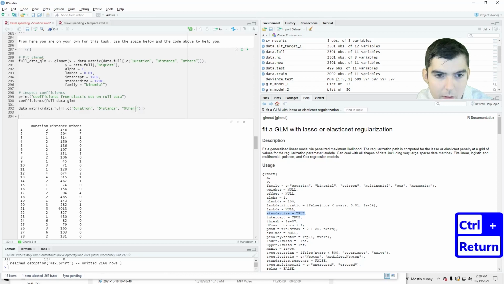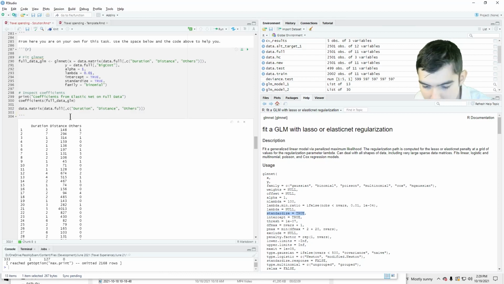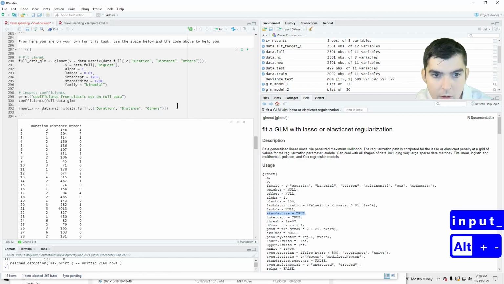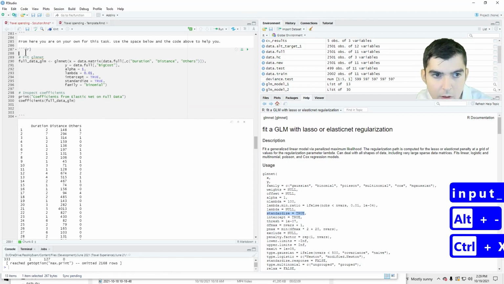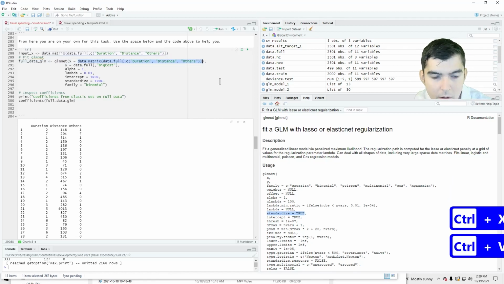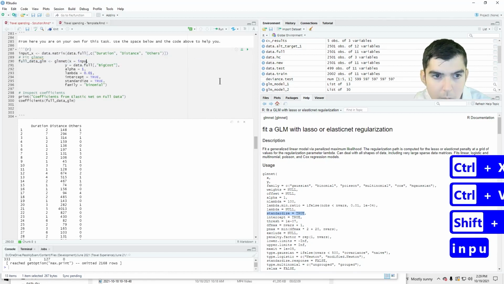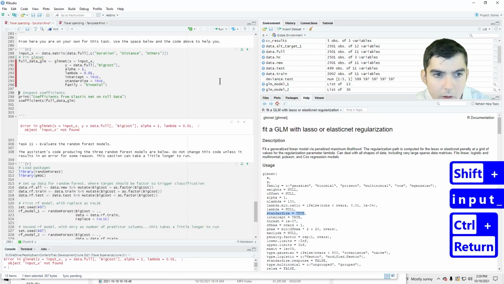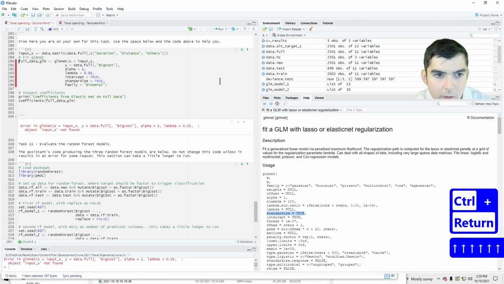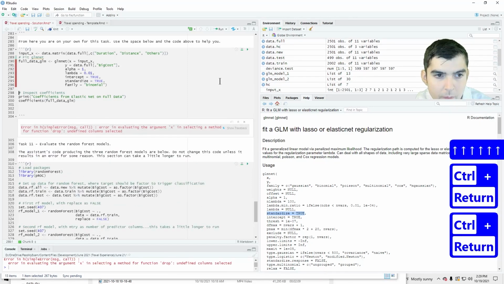Data matrix. So let's call this input X. Wait.